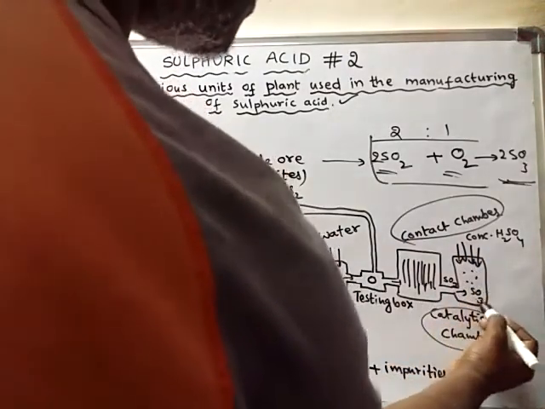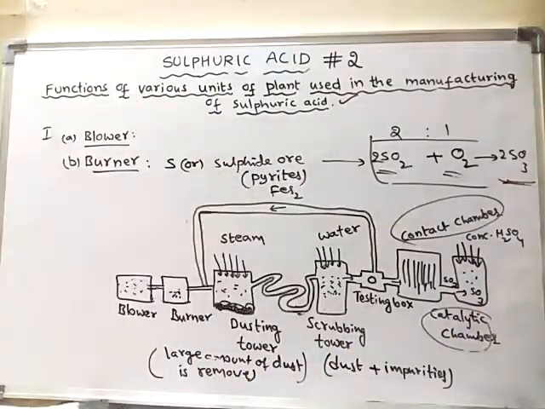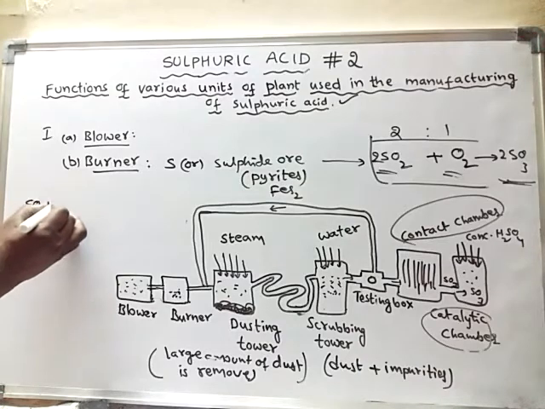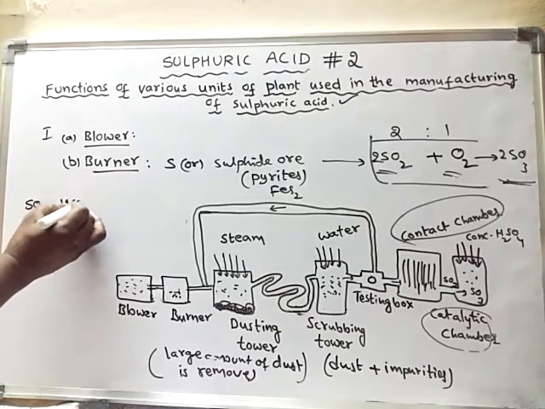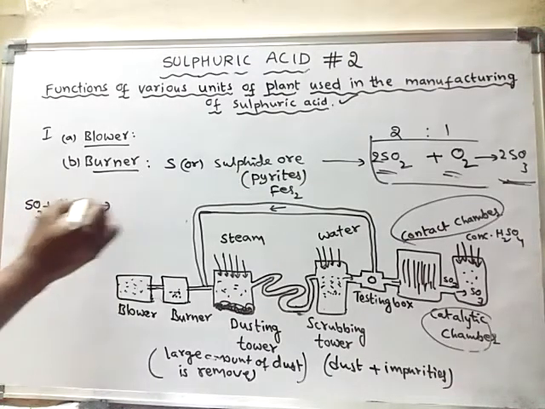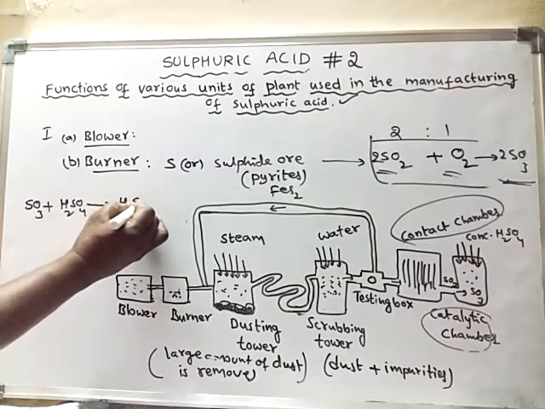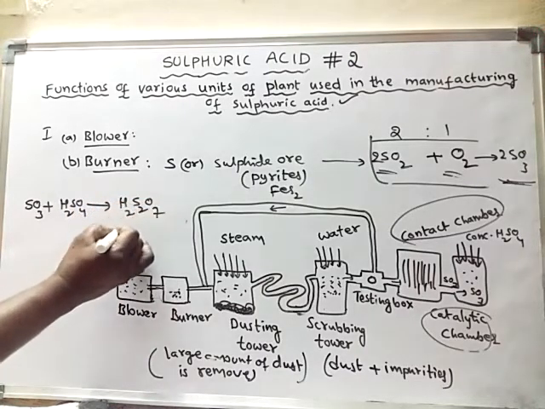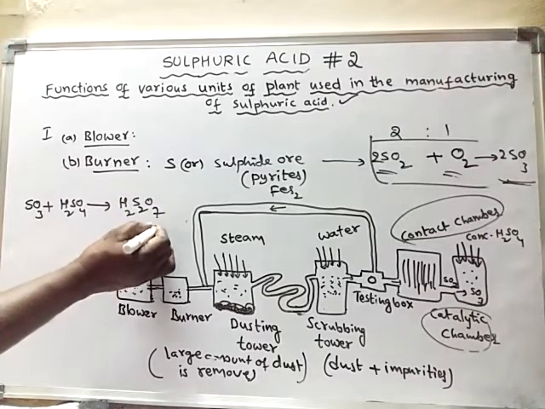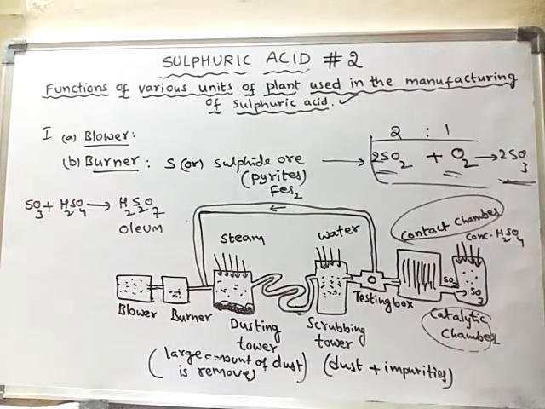The sulfur trioxide gas reacts with concentrated sulfuric acid, and finally it forms a substance known as pyrosulfuric acid. It is also called oleum. So oleum is formed in the absorption tower.